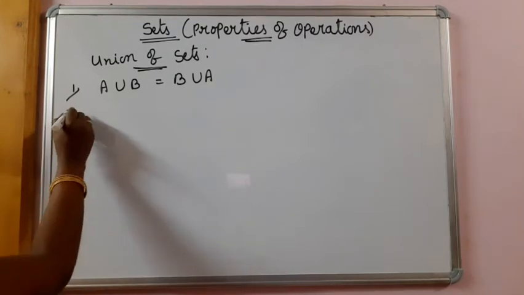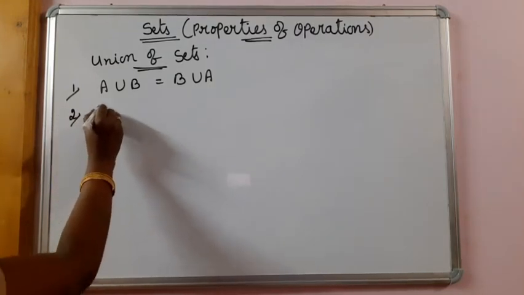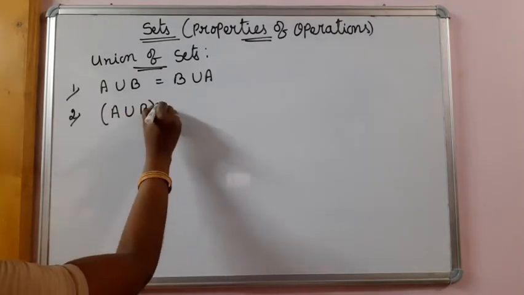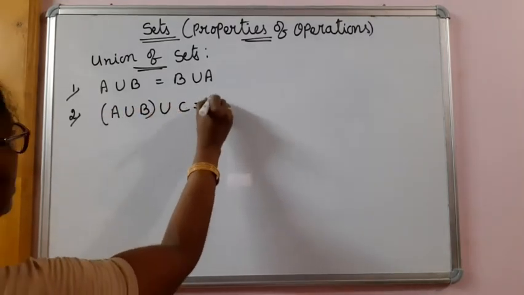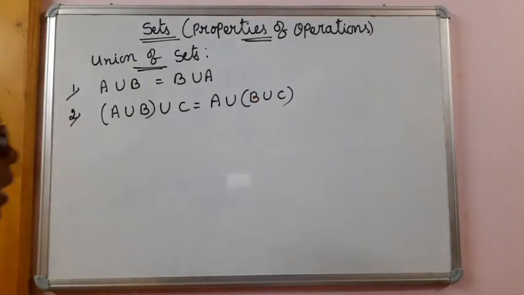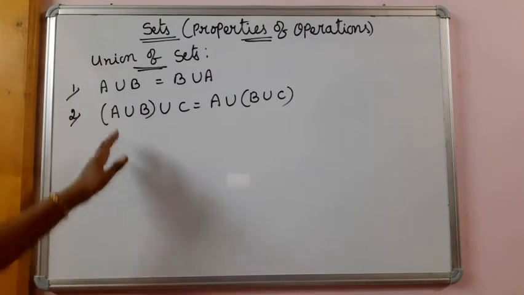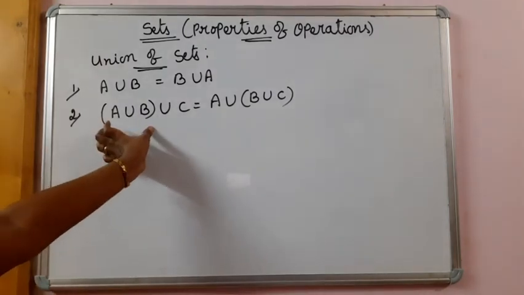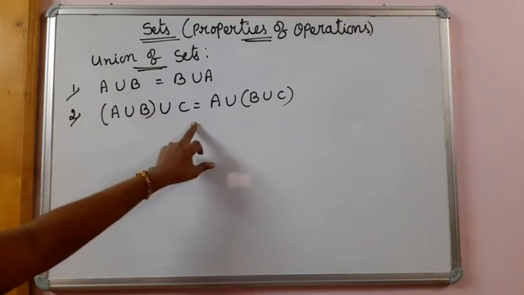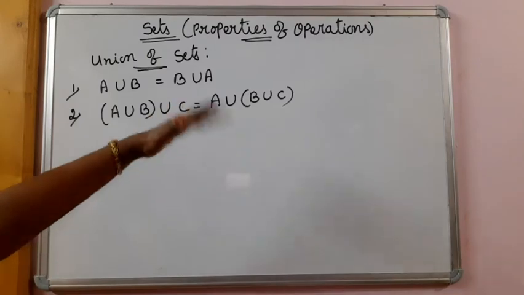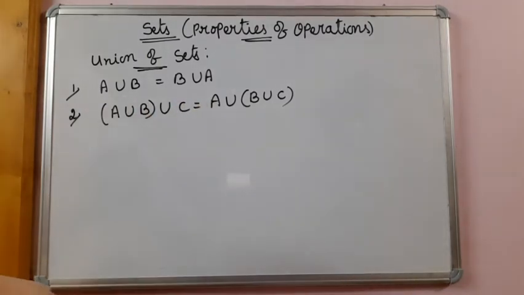Next, your second property is, if there are three sets, then (A union B) union C is equal to A union (B union C). That means, if there are three sets A, B and C, if you find A union B first, then union C, or B union C first, then A union that, then also they will be the same.